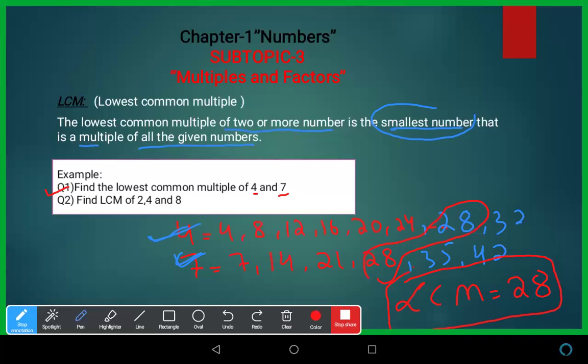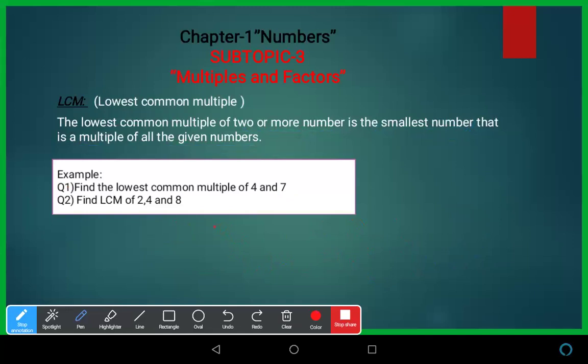Now, another example: 2, 4, and 8. The multiples of 2 are 2, 4, 6, 8, 10, 12. Now the multiples of 4: 4, 8, 12, 16, 20.